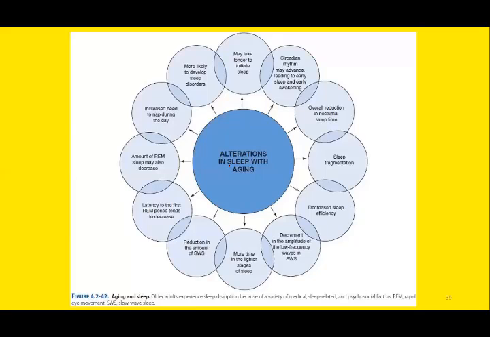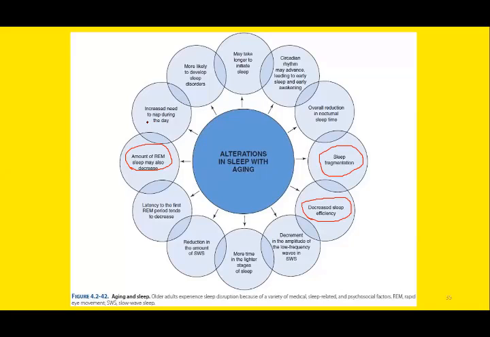Here you can see alterations or variations in sleep with aging. So aging is associated with decrease in the amount of REM sleep. Then the sleep efficiency is also decreased. So with aging, the sleep is fragmented usually.